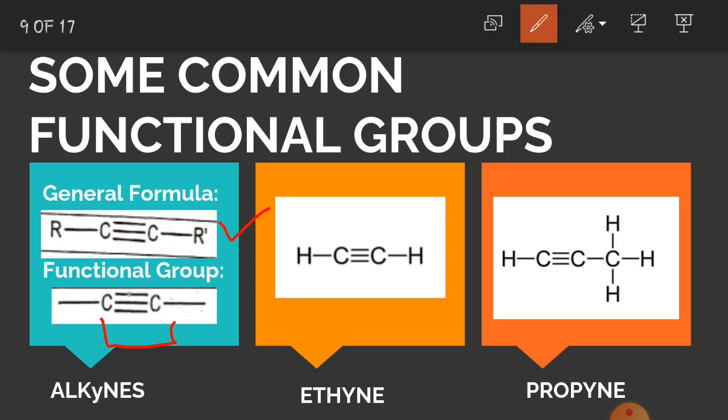Now in these two organic compounds, you can easily identify the presence of C triple bond C, and since the same functional group is present in these two compounds, they are classified in a single family of organic compounds called alkynes. These two compounds will show similar chemical properties because of the presence of the same functional group.